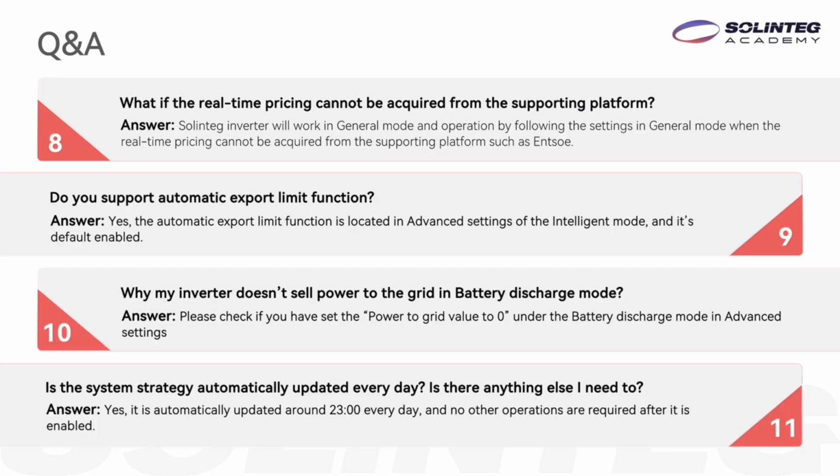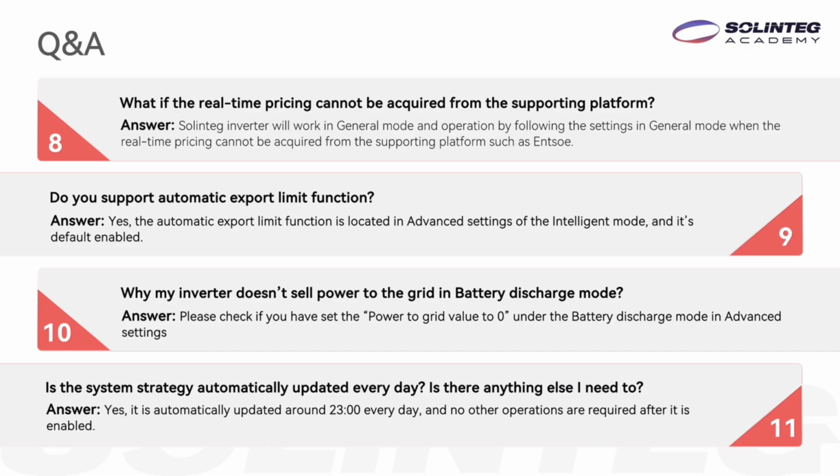And the next is about if there is some problem with the dynamic pricing platform, there will be a situation where the app that users are using cannot receive the real-time pricing.